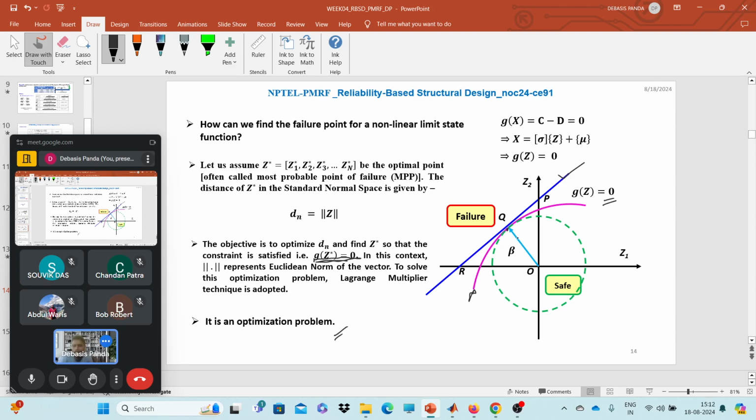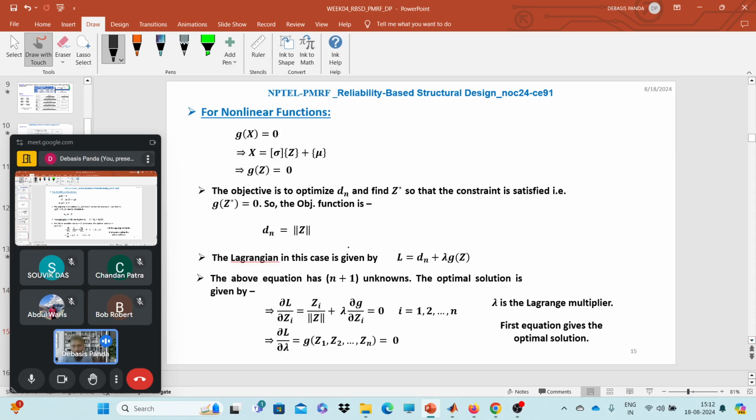So for this optimization problem we use the Lagrange multiplier technique to get the optimal solutions. First we need to define the Lagrangian function. That means we need to optimize the z points in the standard normal domain. Now we need to set the Lagrangian.